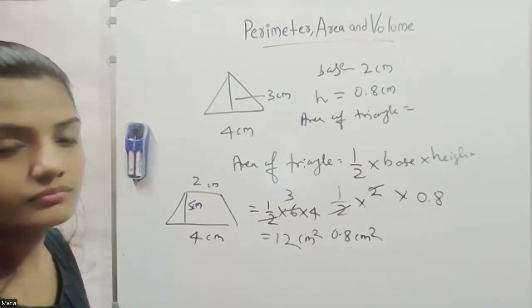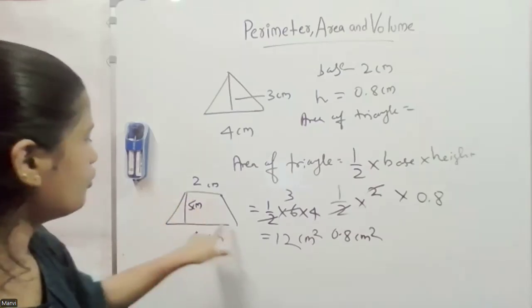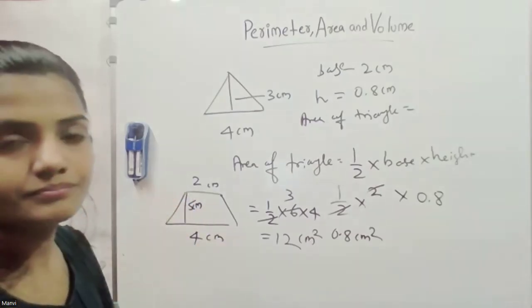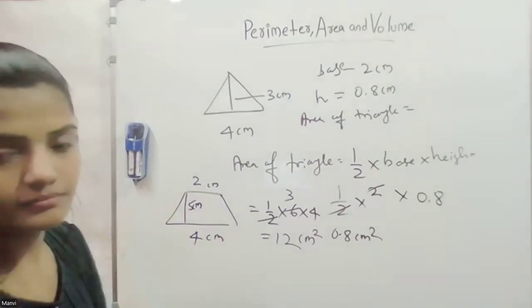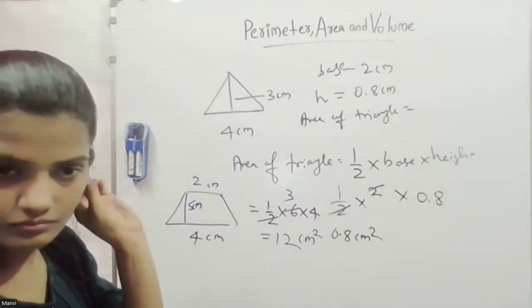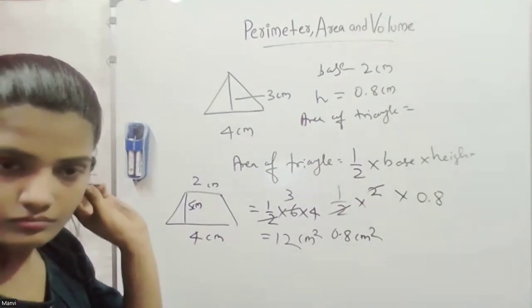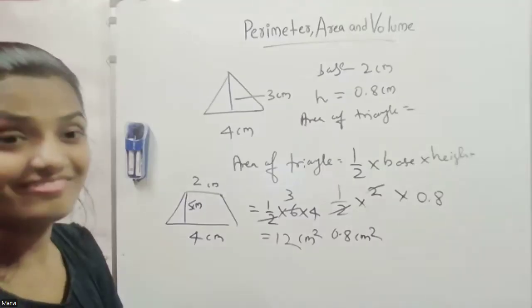Trapezium again. This side 2, that side 4, height is 5. 6. Is it 15? Very good.